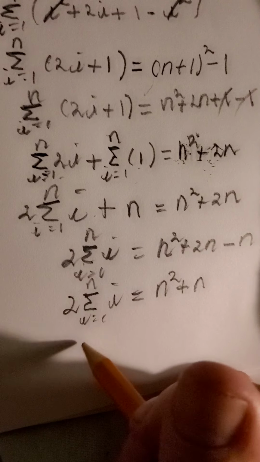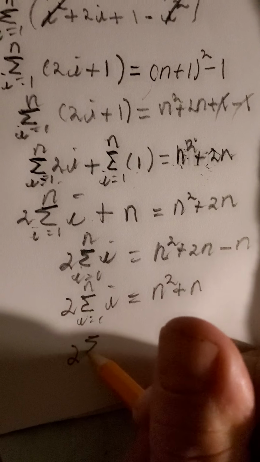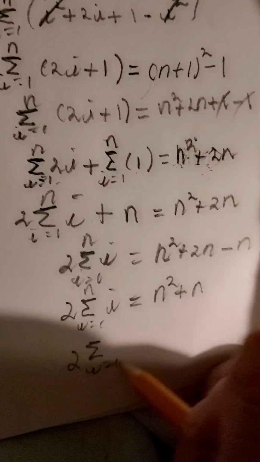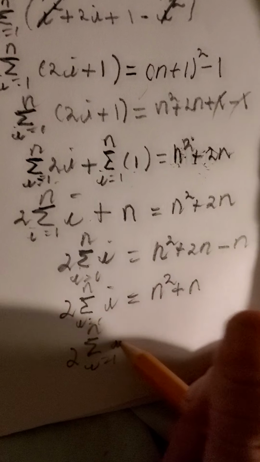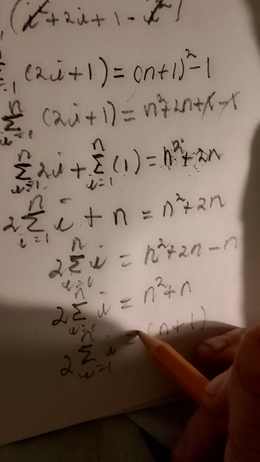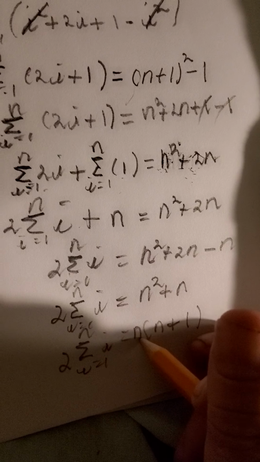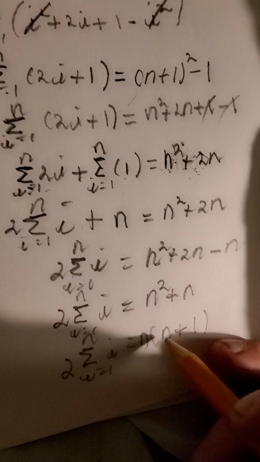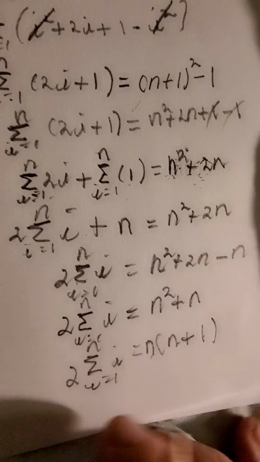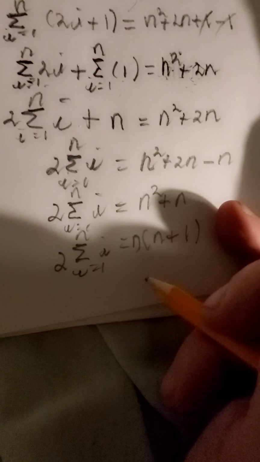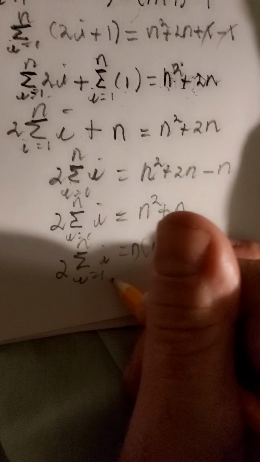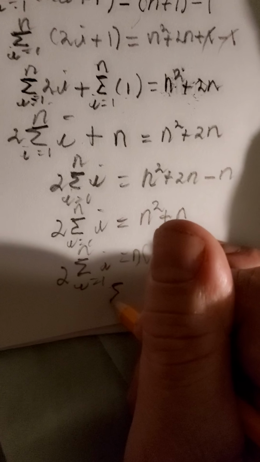Factor out, I get n times n plus 1 here. I factored out the n, because n times n is n squared, n times 1 is n. Dividing by 2, I'm going to have my formula.